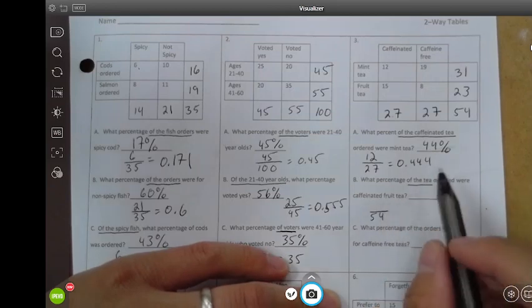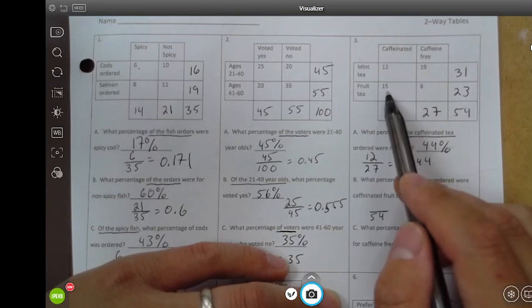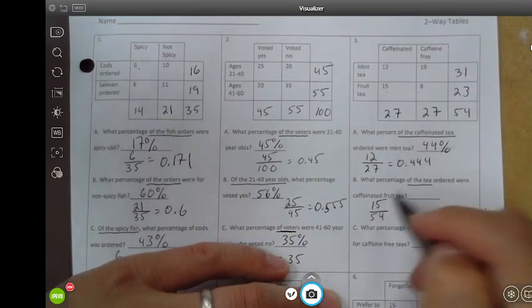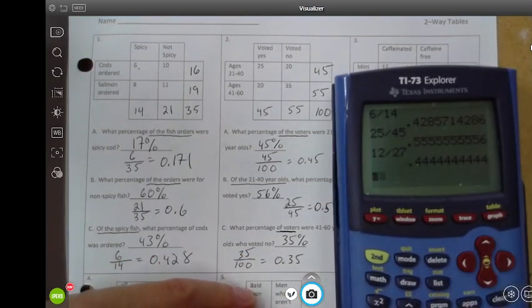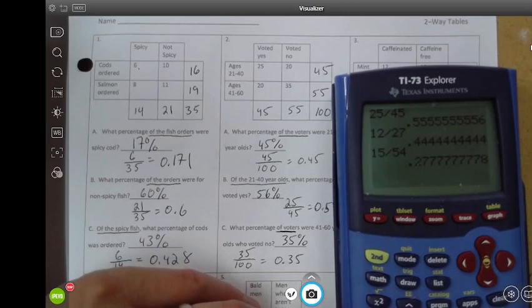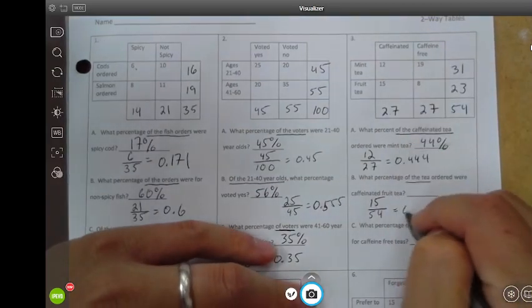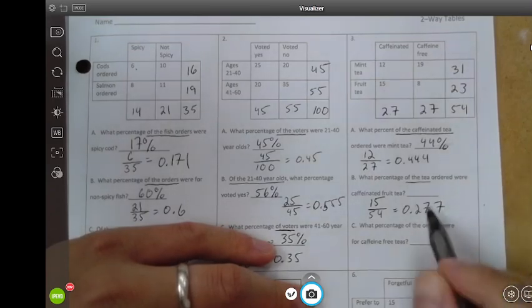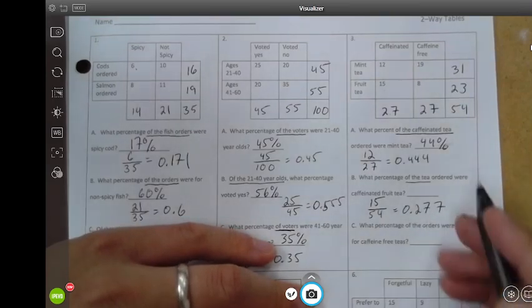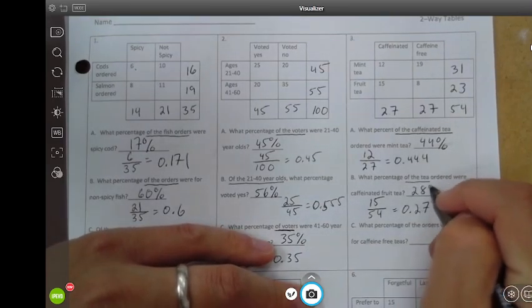All right, so caffeinated and fruit, so there's 15 of those. All right, so I have 15 divided by 54. That gives me 0.277. That's 27.7%. So we'll say that's 28%.